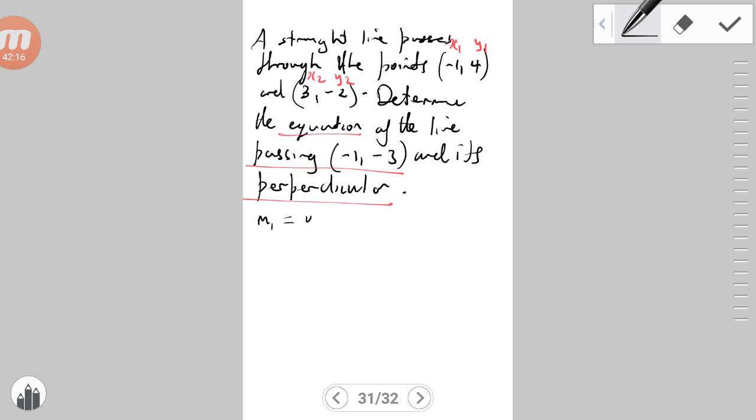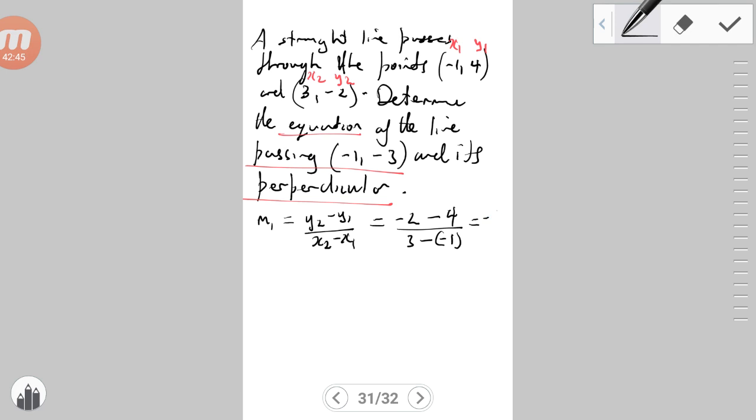So m1 here is going to be y2 minus y1 over x2 minus x1. We already labeled our points, which is the norm. So y2 works out to be -2, and y1 here works out to be 4, over x2 here works out to be 3, take away x1 here works out to be -1.